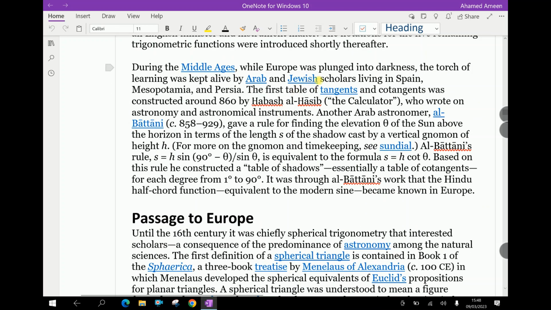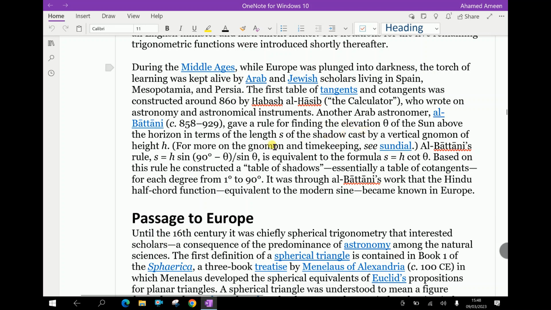While Europe was plunged into darkness, the torch of learning was kept alive by Arab and Jewish scholars living in Spain, Mesopotamia and Persia. The first table of tangents and cotangents was constructed around 860 by Habash al-Hasib, that means the calculator, who wrote on astronomy and astronomical instruments.